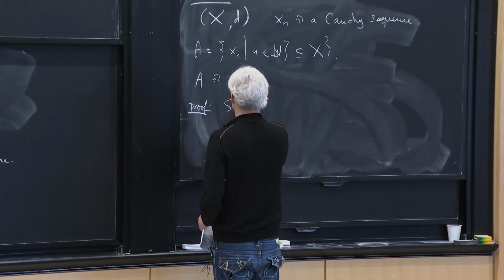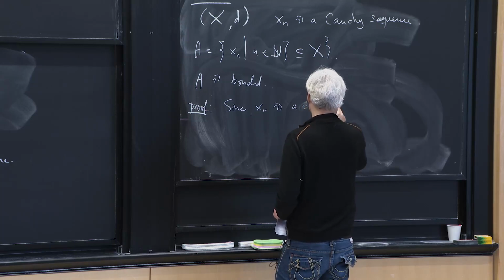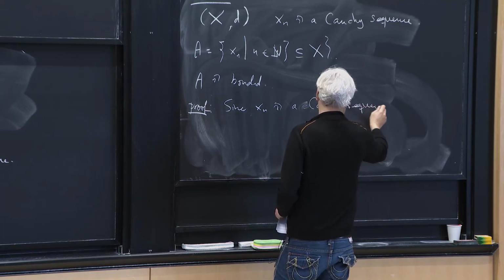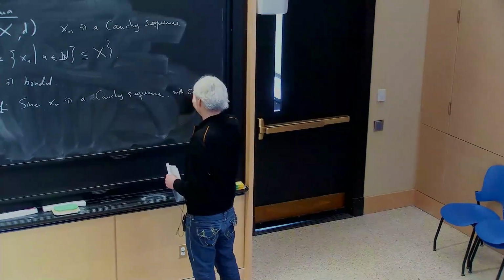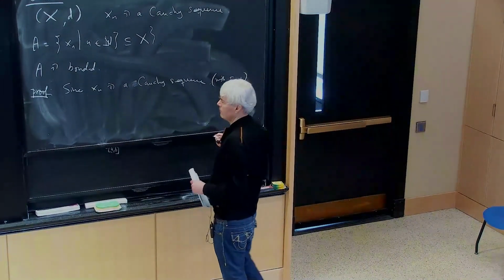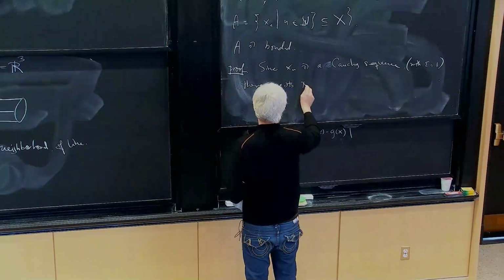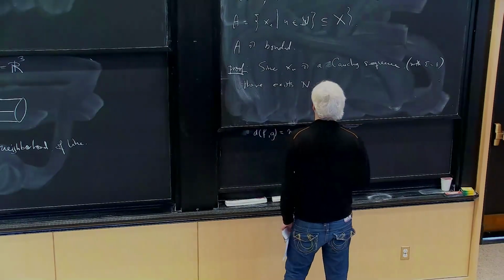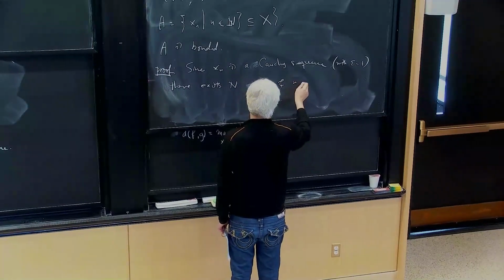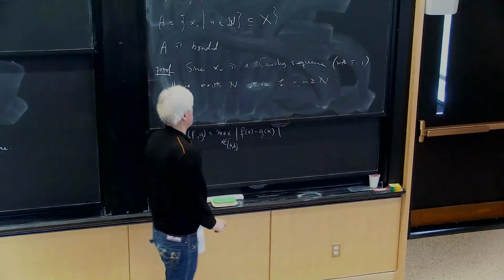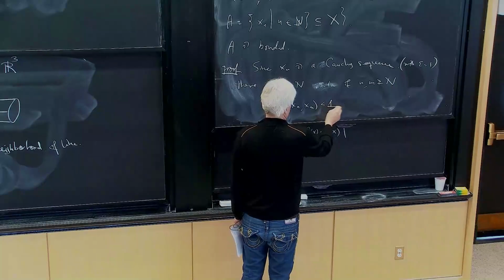Now, why is that the case? Since x_n is a Cauchy sequence, if I choose epsilon equal to 1, there exists a capital N such that if little n and little m are bigger than capital N, then the distance between the two is smaller than 1.